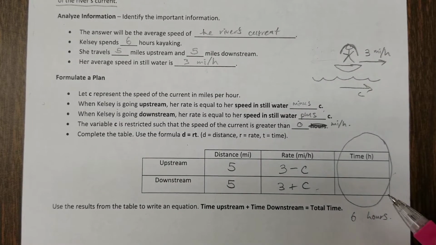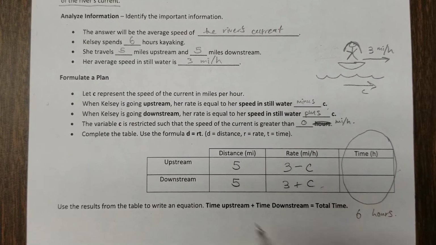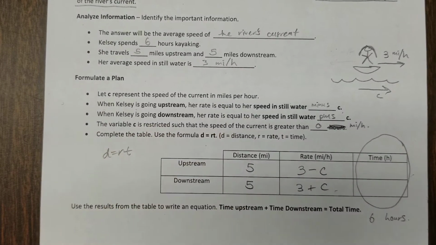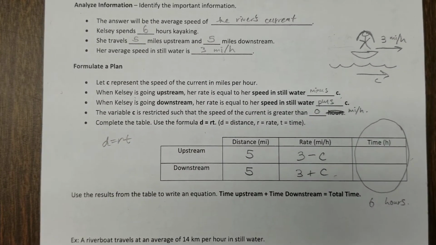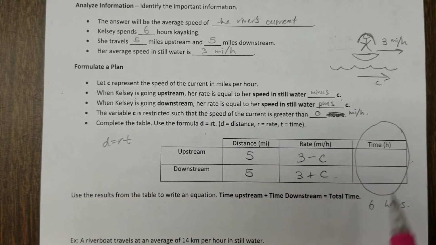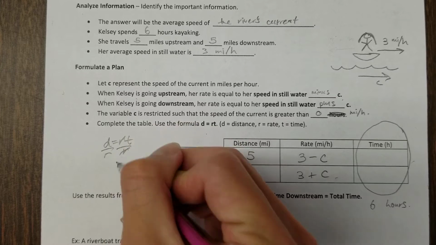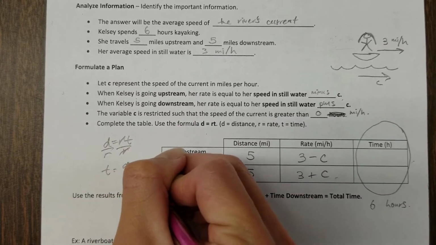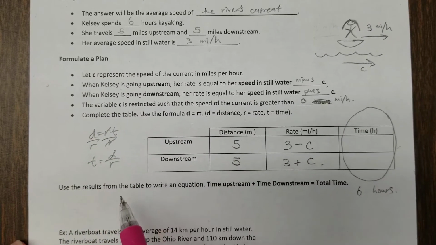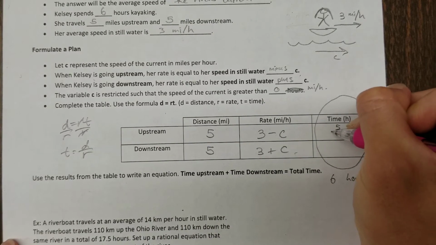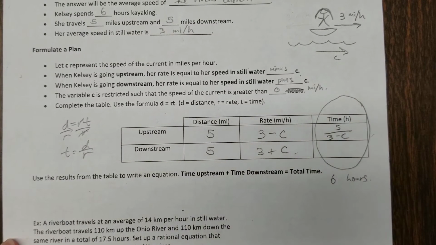Okay. Now what we need to do is manipulate this formula. D equals rate times time. If you want to write a formula for time, we can divide both sides by r. We cancel this out, and we have time equals distance divided by rate. So time upstream is going to be 5 divided by 3 minus c.